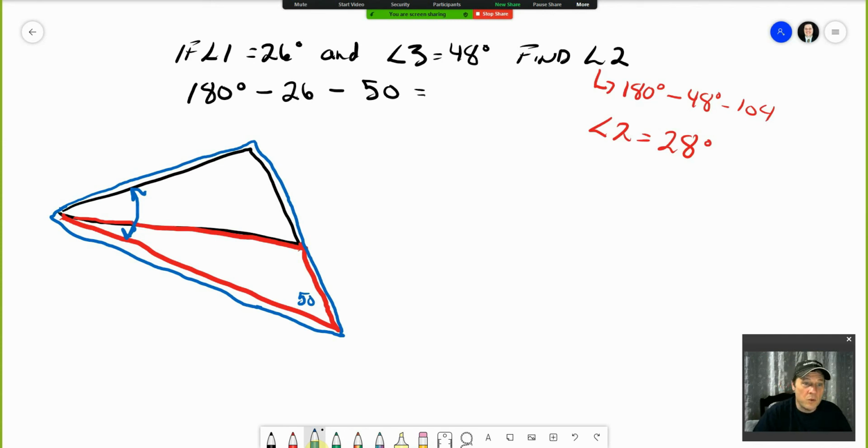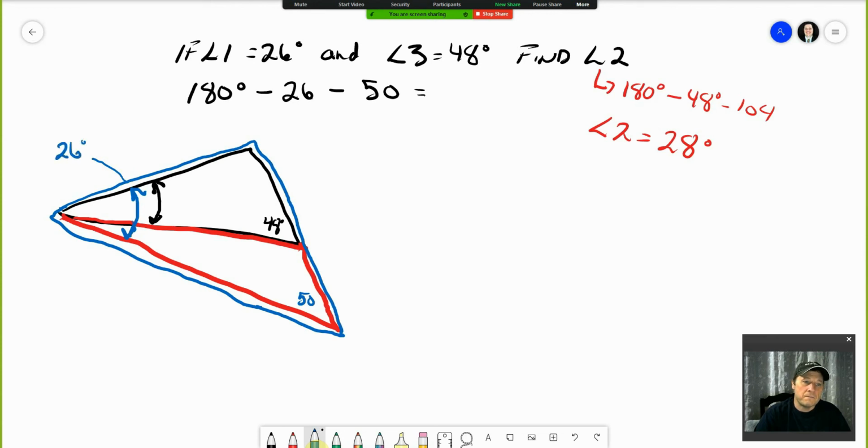Angle 2, I want to know what the angle here is. When I'm all done, this is the angle I'm looking for right here. It's part of angle 1, but you can see it's its own angle. And angle 3 is here, right? Angle 3, we know in the black triangle, is 48 degrees. And angle 1, which is this whole angle here, we just draw the line on the outside, is 26 degrees.